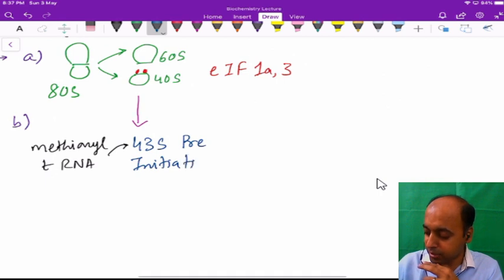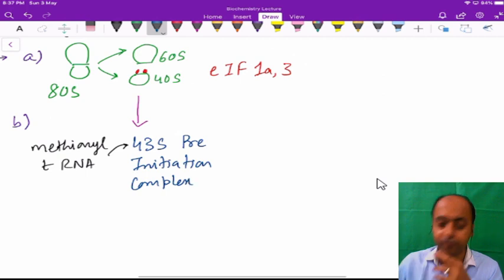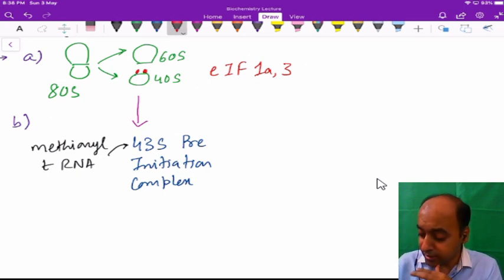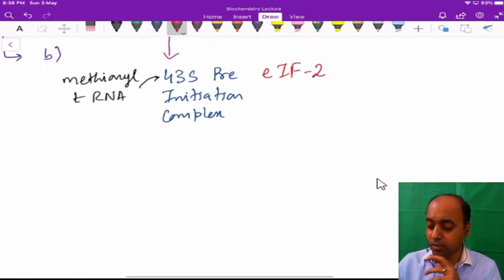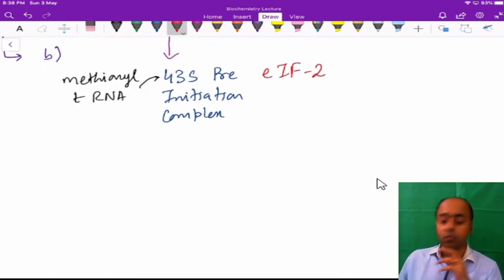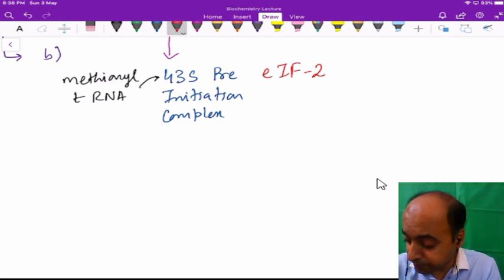This attachment between the methionyl tRNA and the 40S ribosome is facilitated by the eukaryotic initiation factor 2. Initiation factor 2 will help in the attachment of the methionyl tRNA to the 40S subunit.